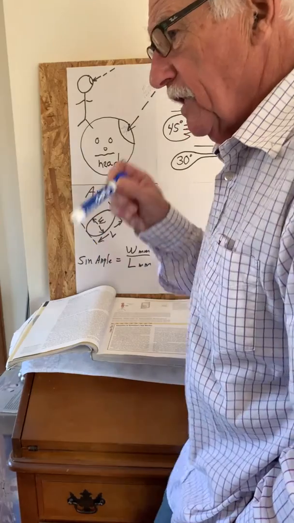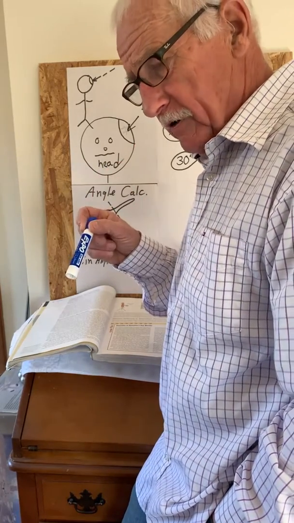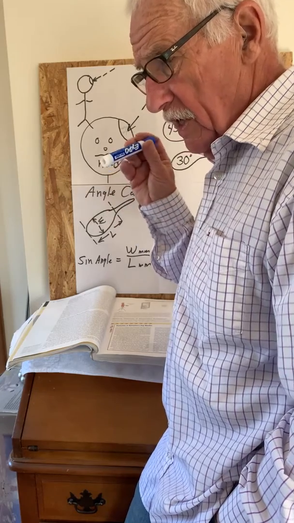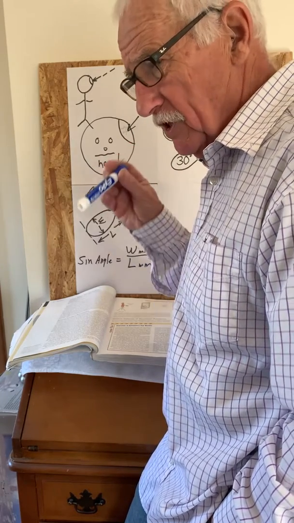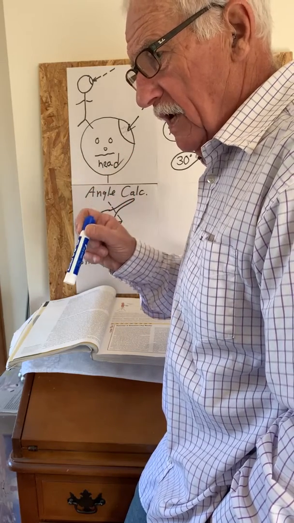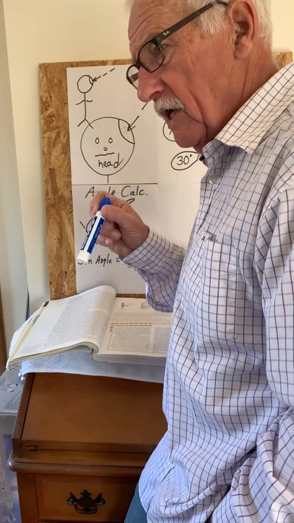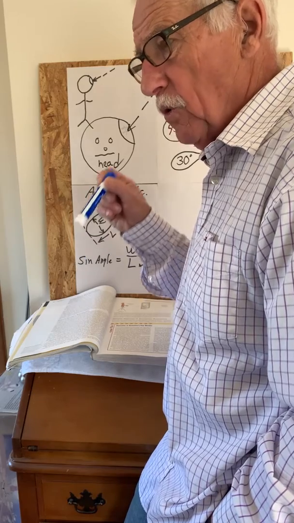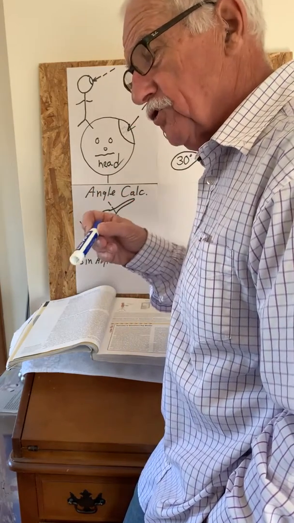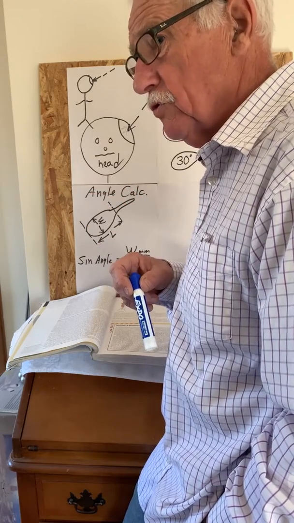And that is that if a bullet is fired from a shooter and hits an individual, hits an object or something, by determining the angle that the bullet entered or struck something, you can reconstruct kind of where the shooter was.